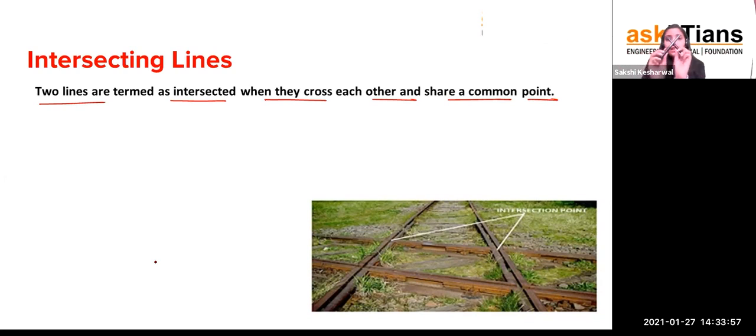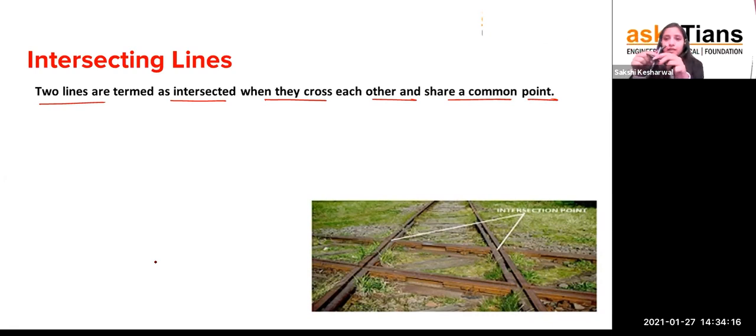So if I give you two lines, how many common points will they be sharing? They will be sharing only one common point between the two lines, right? Let us suppose I take one more pen, this is the third pen, right? Can you see this? I think it's visible, right?